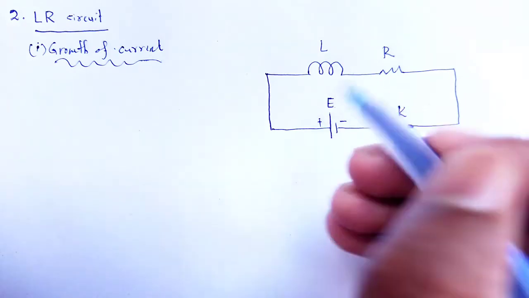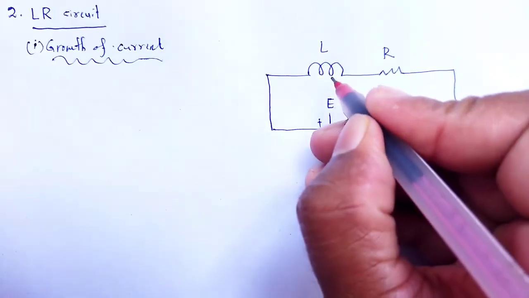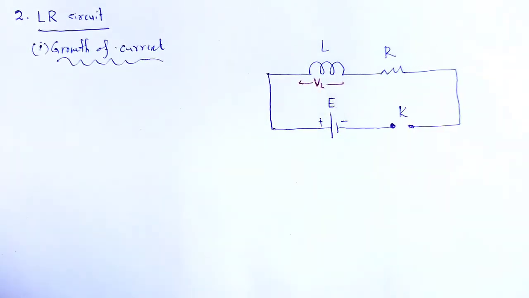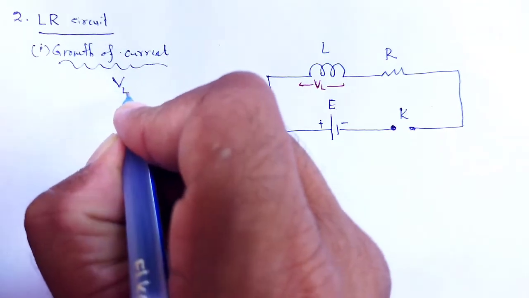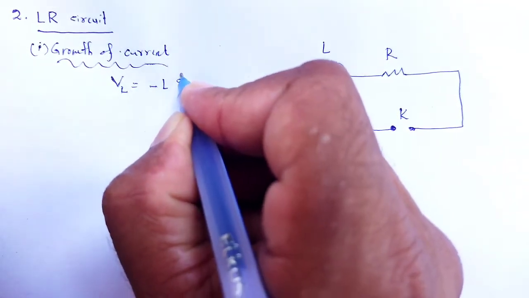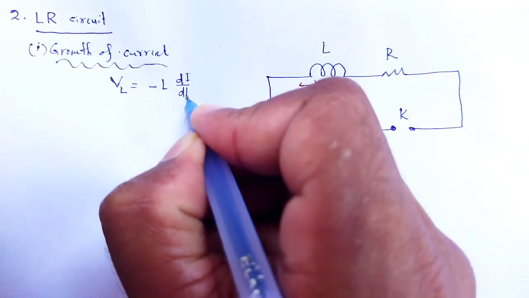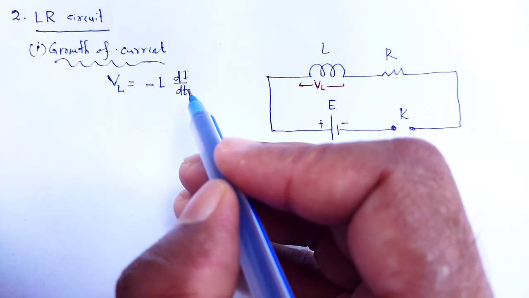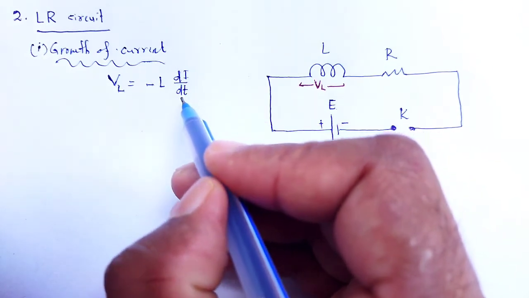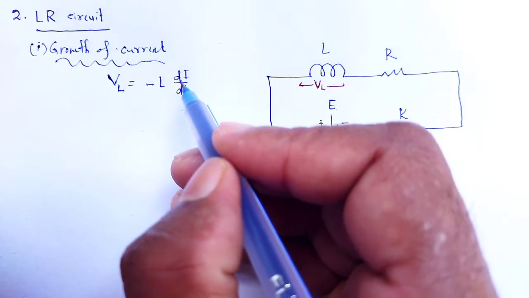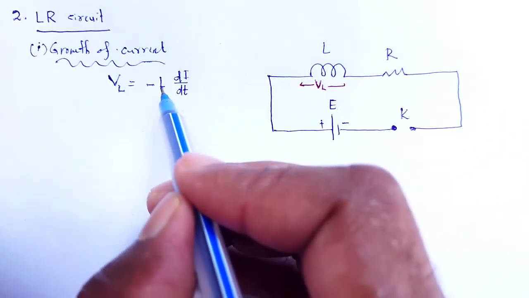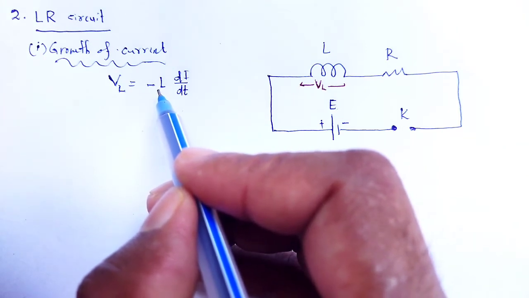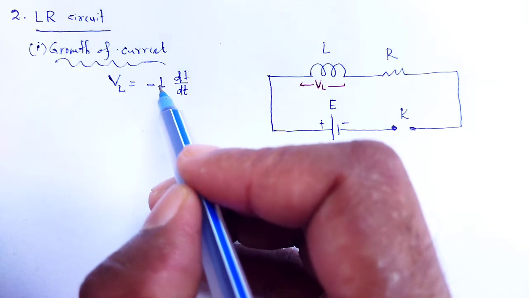Now, the induced EMF across that inductance be V of L, and that V of L is given as minus L di by dt, where i is the current at any instant during the growth and di by dt is the rate of growth of current, and L is the coefficient of self inductance, or we can say self inductance of the coil.